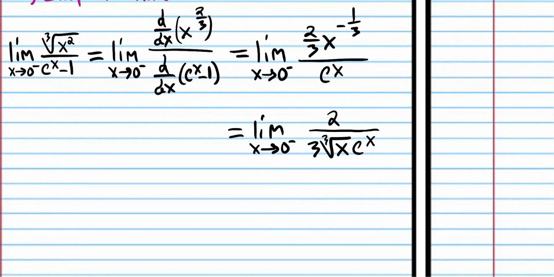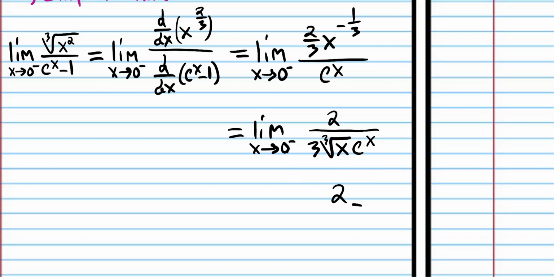So if we let x approach 0, this expression is just going to approach 1 because e to the 0 power is 1. So x is going to get closer and closer to 0, which means this expression is going to get closer and closer to 1. This expression, however, is going to get closer and closer to 0.